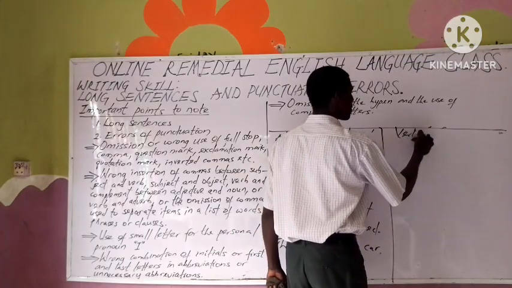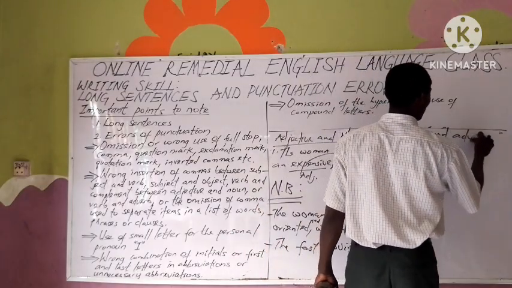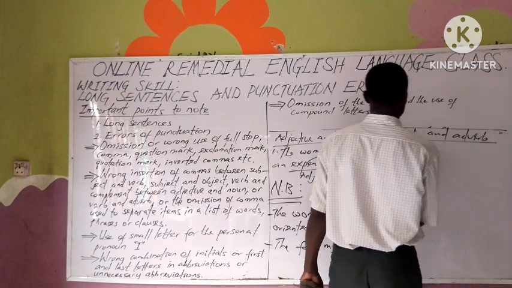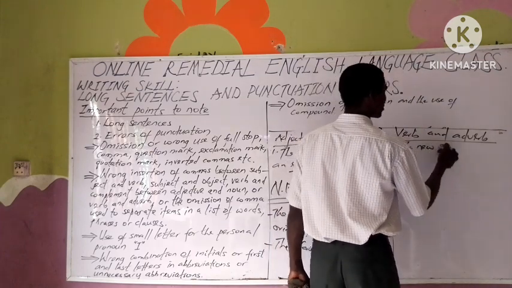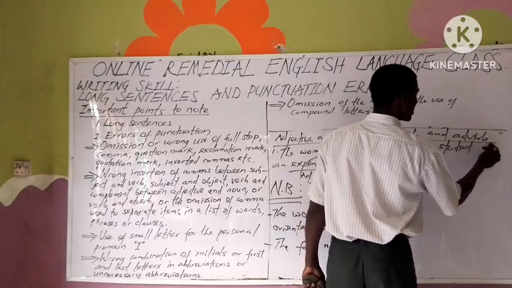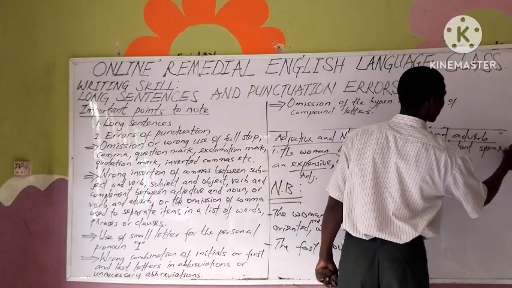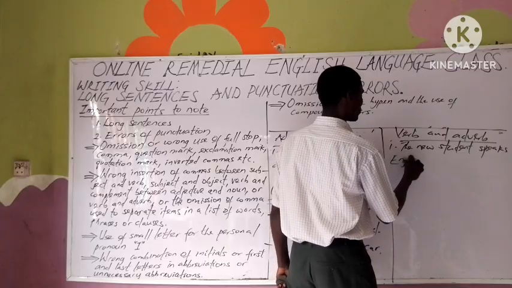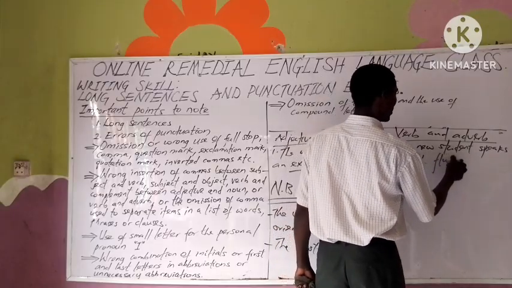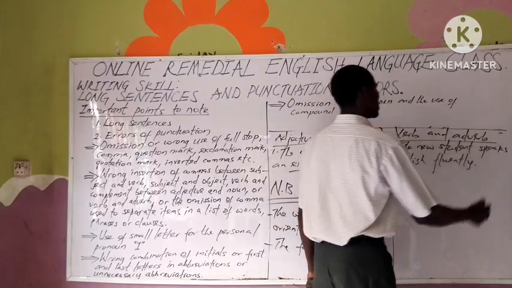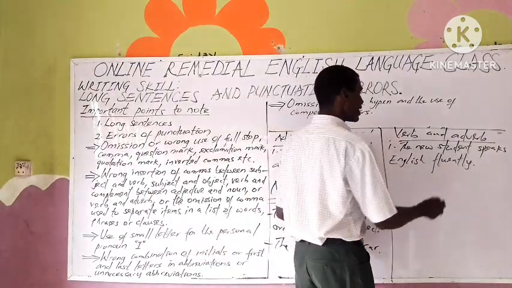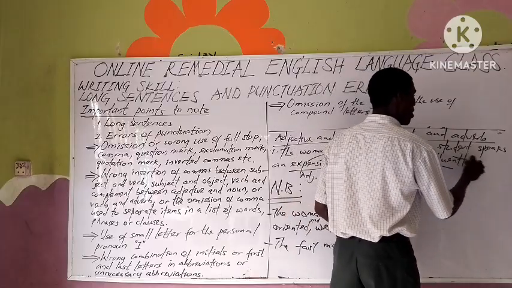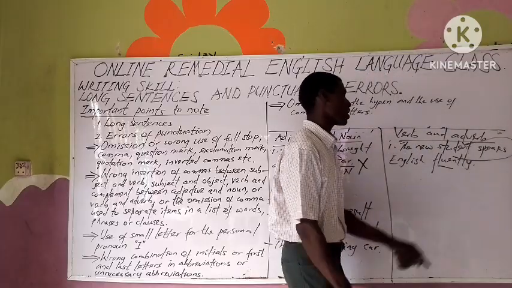Now let's see verb and adverb. The new student speaks English fluently. The new student speaks English fluently. Fluently here is telling us about the action of the girl, speak.